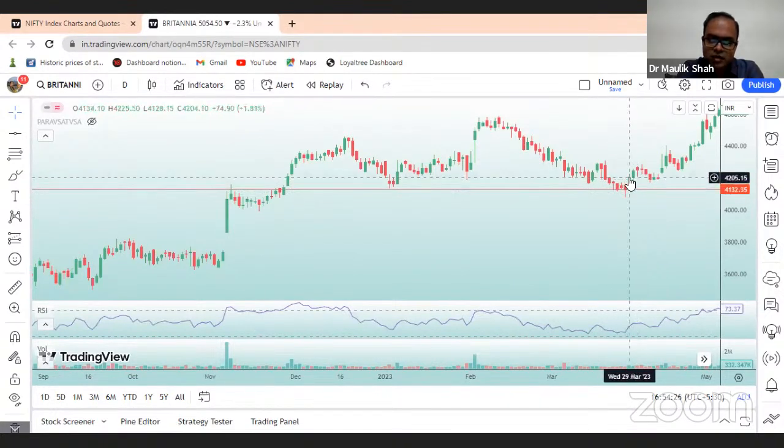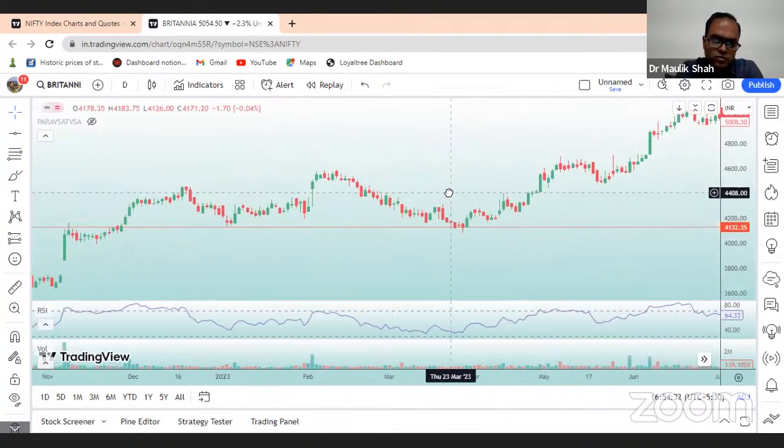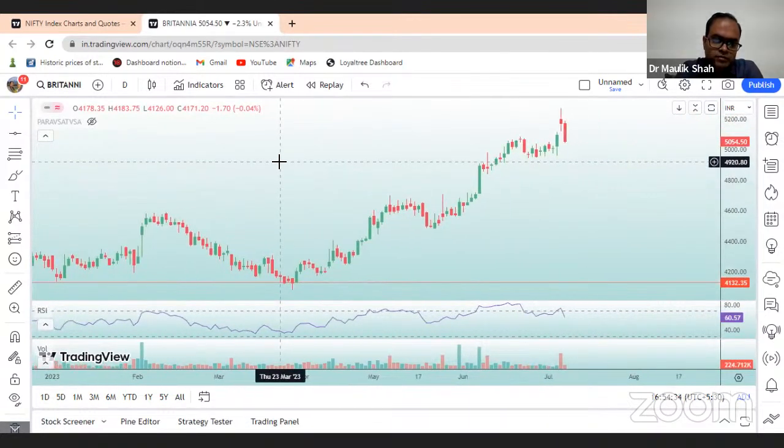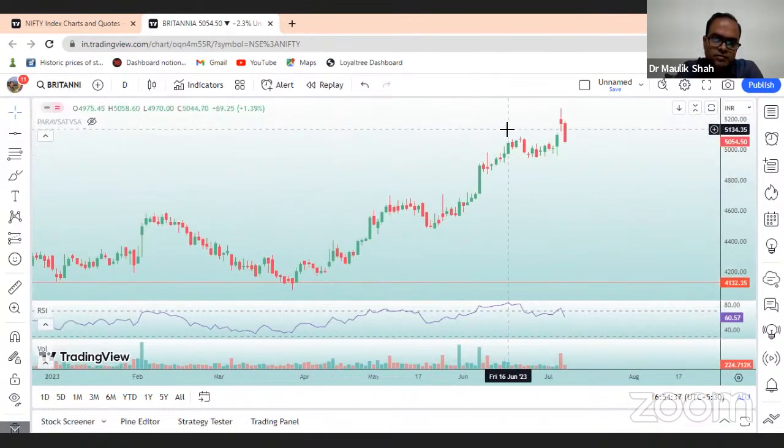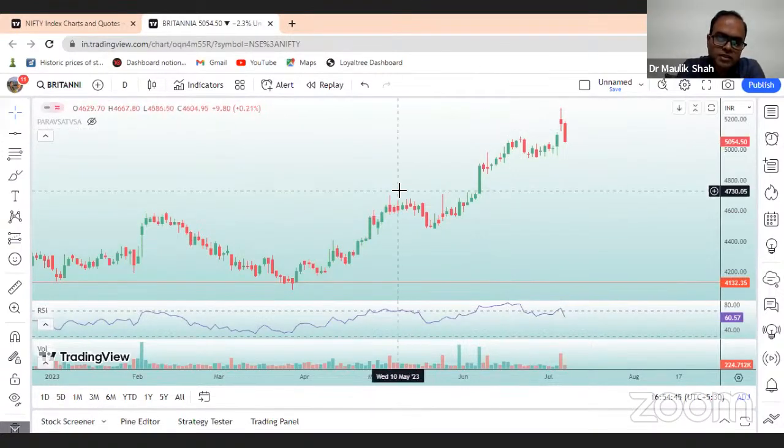At this candle, I have taken an entry at 4,205 and see what has happened. Big, massive. This is horizontal demand supply or horizontal support resistance. Got it?